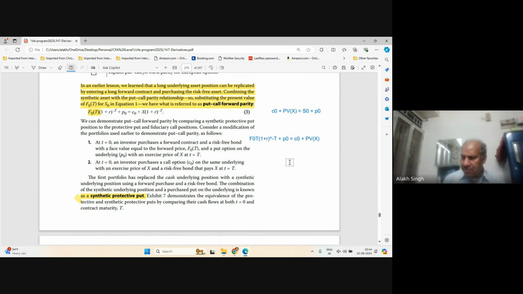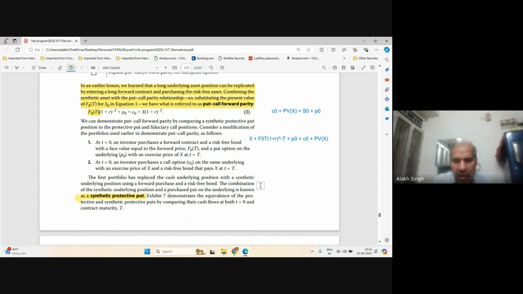If you are buying F0T, you don't have to pay any money right now, but then you have to buy the bond. That bond is the synthetic underlying position using a forward purchase and a risk-free bond. So this bond plus forward purchase, if I write 0 plus this, there is no change in the value.